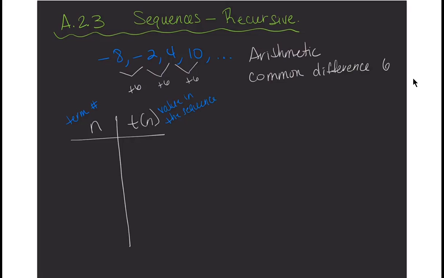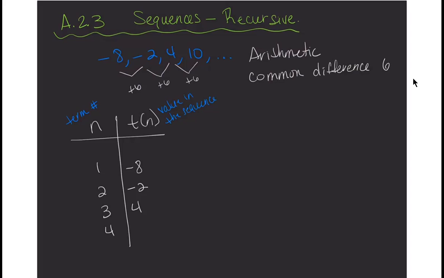So when it comes to terms, currently we are showing 4 terms. First term, second term, third term, fourth term. So my first term is -8. My second term is -2. My third term is 4.